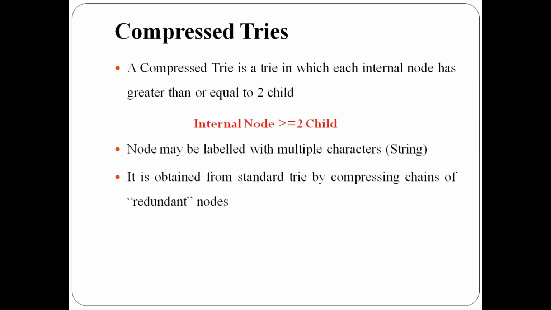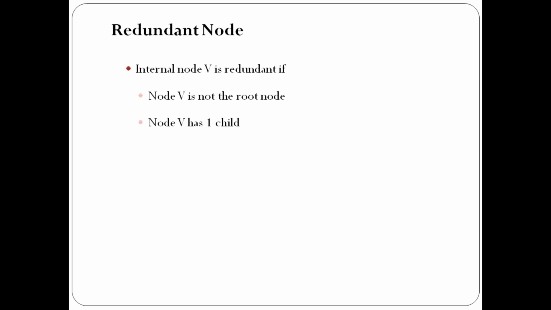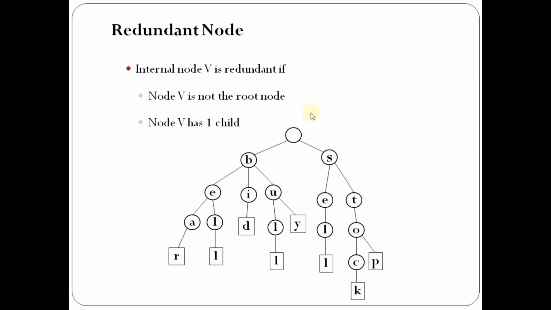Now let's take an example of what exactly a redundant node means. A redundant node is an internal node having two properties. Number one, it should not be a root node, and second, it must have one child. Consider the given trie. This is a simple, standard trie.